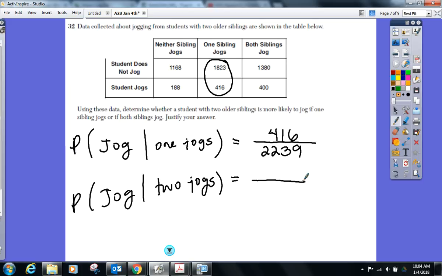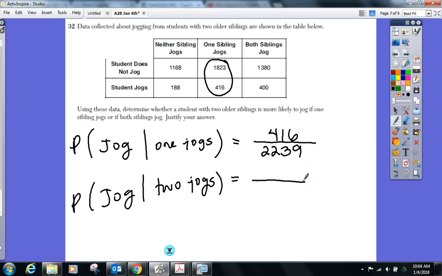Both are on the top. 416, right? Student jogs and one sibling jogs. There's 416, right? And it can't be bigger than one anyway, remember, because we're doing probability. Okay, student jogs and they have two siblings who jog.